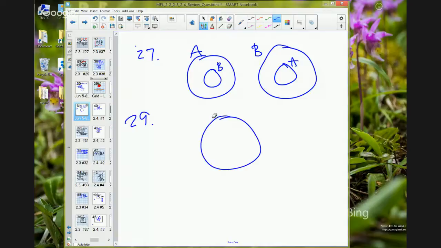A intersect B. So this is the parentheses part. Where does A intersect B? At A. Okay, and now we've got this for our temporary answer so far. Now, where does that striped part overlap A?